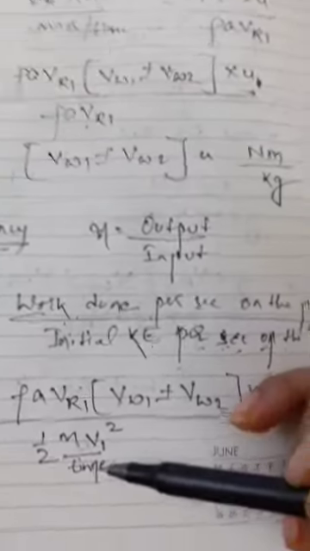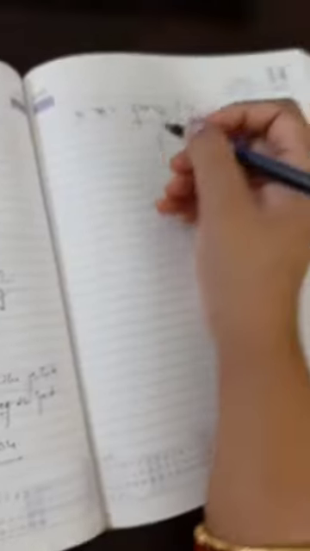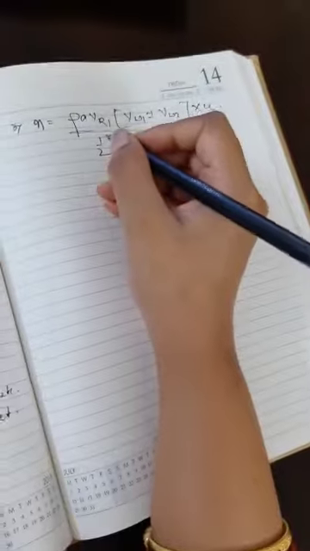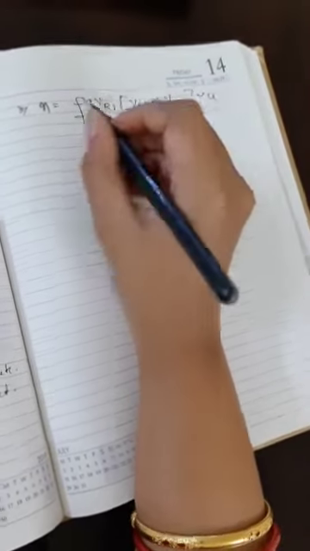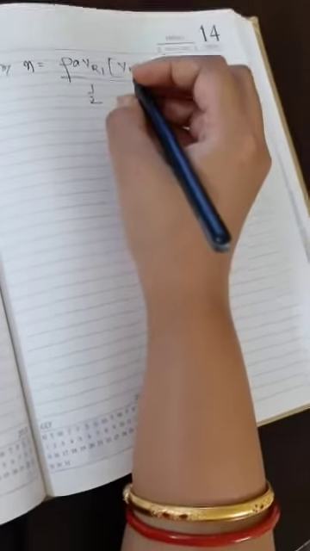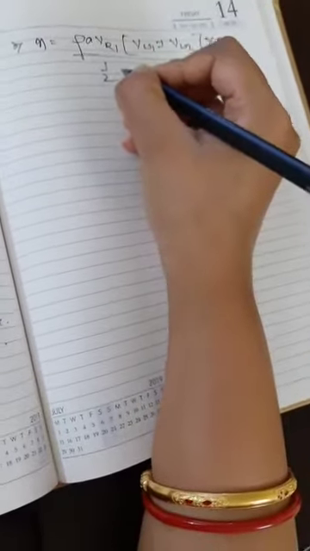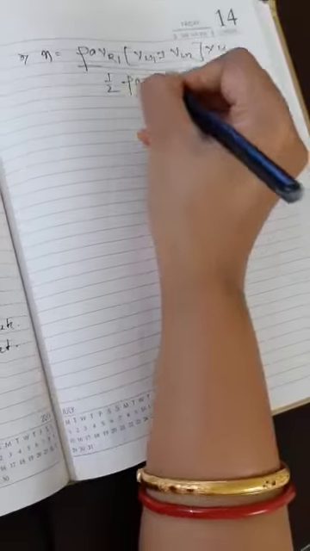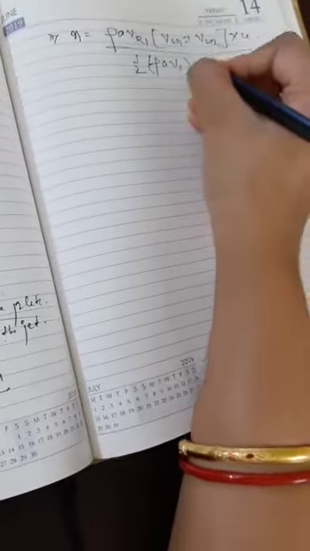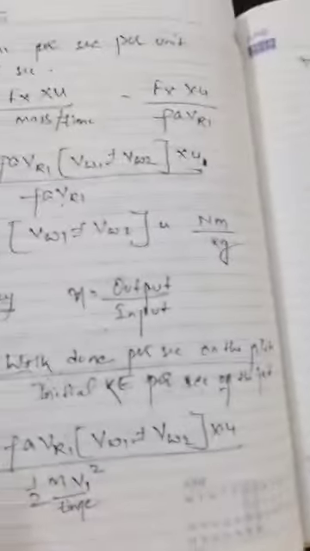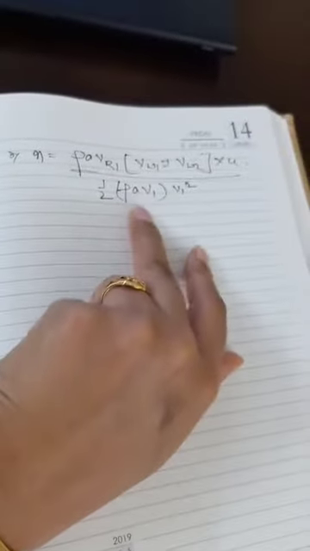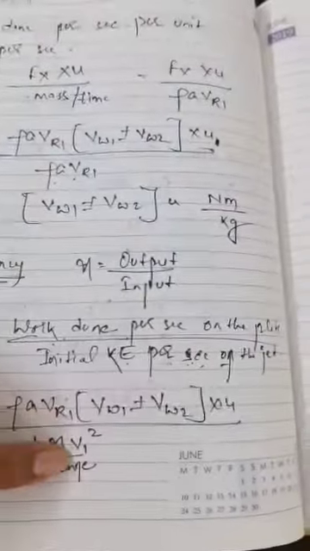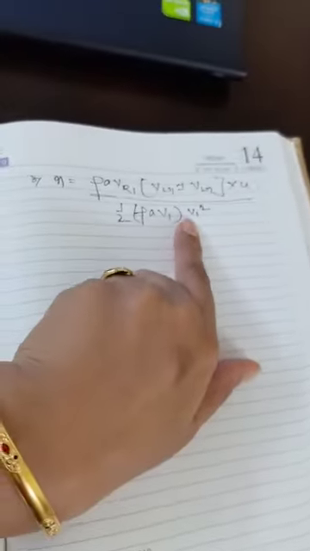As we are writing mass by time from the very beginning as rho A V1, initially if I consider only the velocity of the moving jet, mass by time will be given as rho A V1, and there is one V1 square.